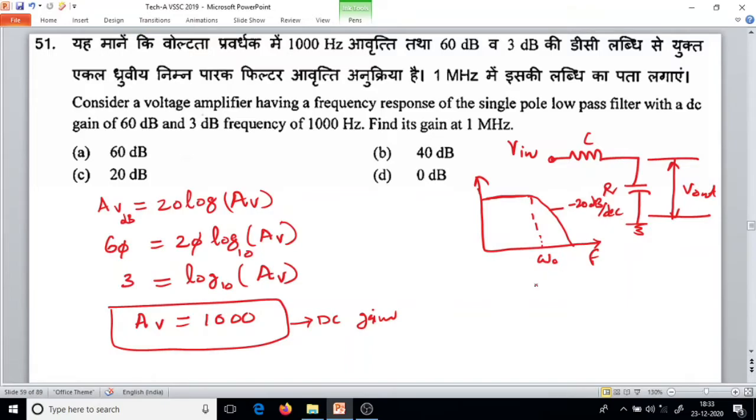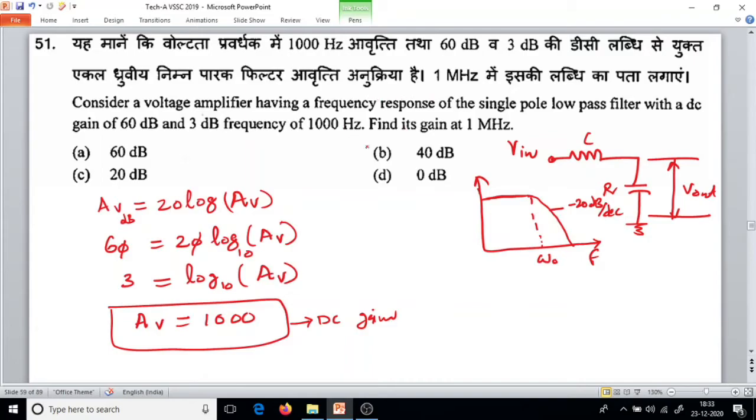Whenever this attenuation happens, at the 3 dB frequency the gain starts to reduce by minus 20 dB per decade.